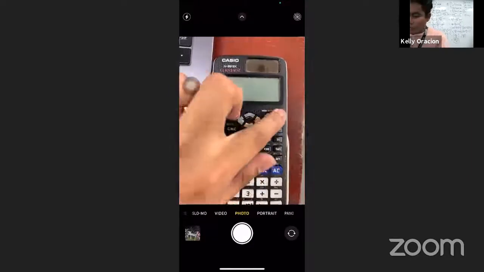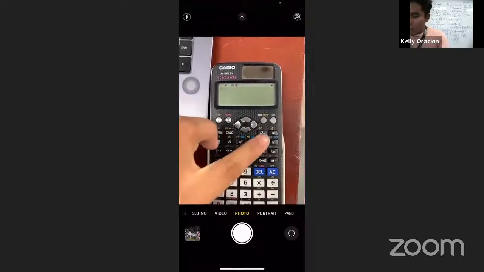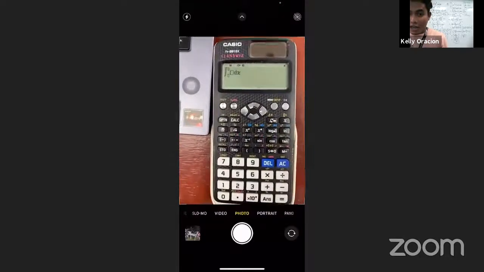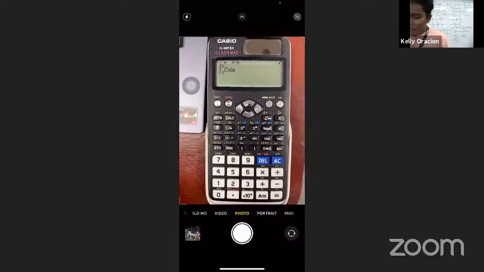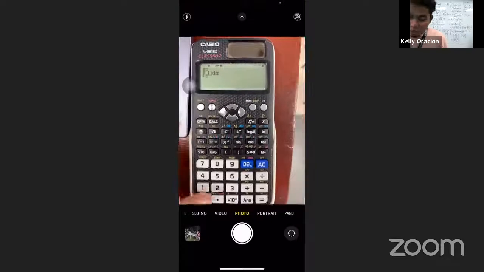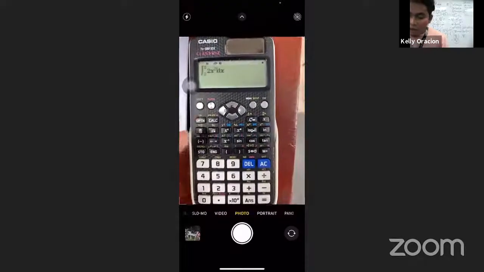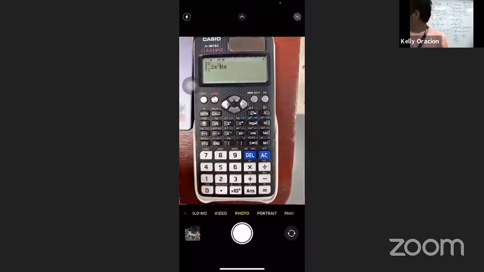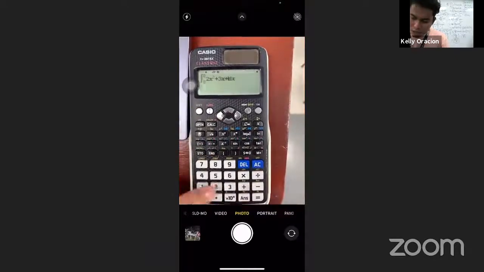Of course, press on. Do not forget to press on. Next, press this one. The integral will appear. What is our given? The given is, okay, I already taught you how to get x. The x is alpha, close parenthesis. Alpha then close parenthesis. So the given is 2x squared plus 3x plus 1.